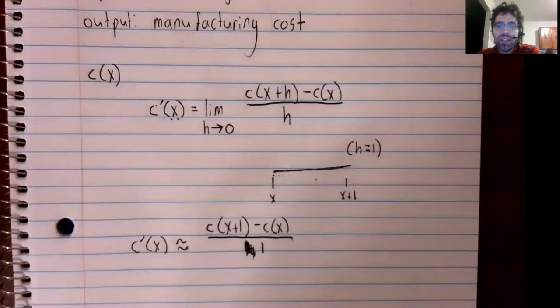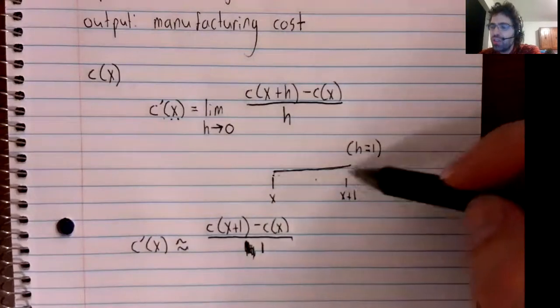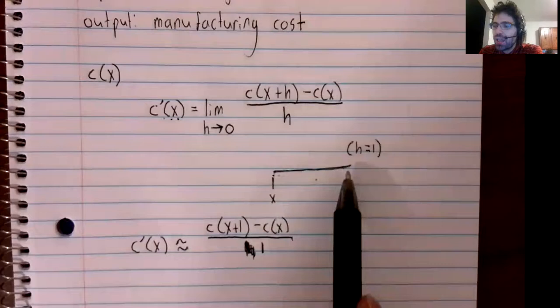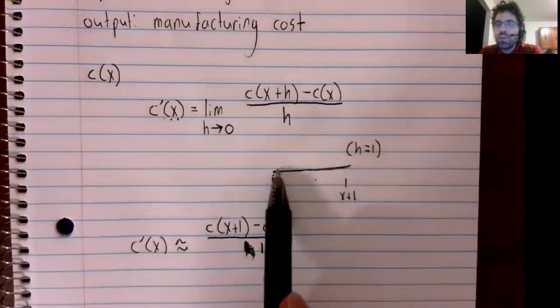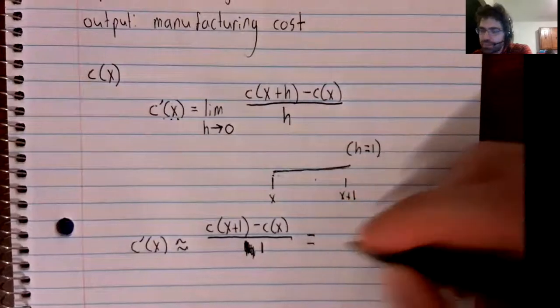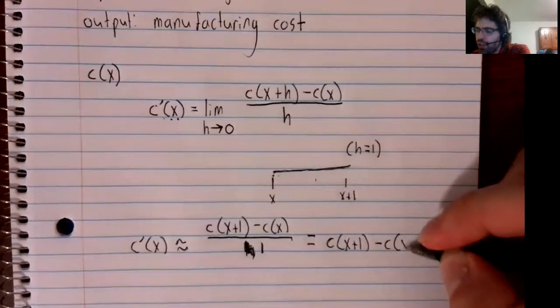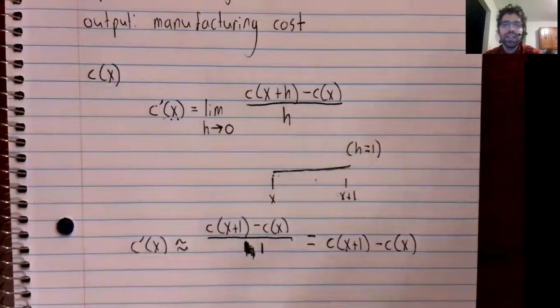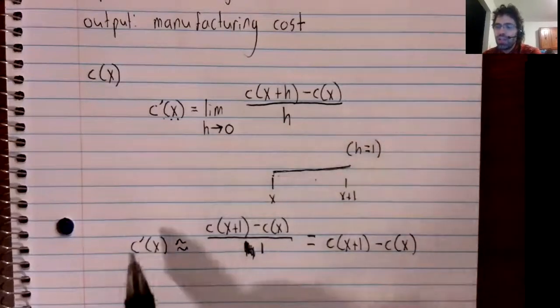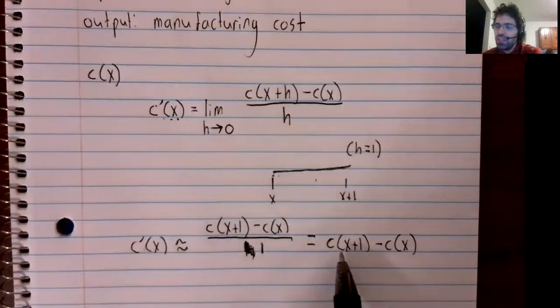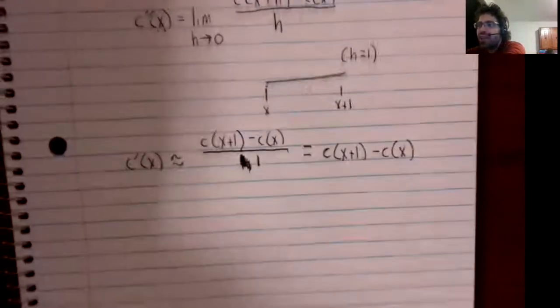The intuition behind this is that because the cost function is changing slowly, the difference between h being 1 and h approaching 0 is very slight. And of course, dividing by 1 doesn't do anything. So the derivative of the cost function evaluated at x is approximately the cost evaluated at x plus 1 minus the cost evaluated at x.